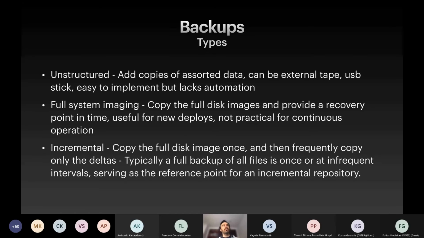Then you have full system imaging. You can go and copy all of the bytes that you have on your computer, on your VMs, on your servers, and store that in a backup system. This is good. It allows to restore the data to the original state, but it's very, very time intensive. You cannot do a full image every day. It's very, very slow.